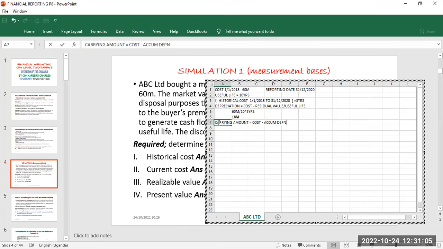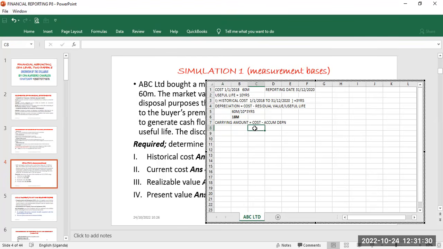Remember, depreciation is for 1 year, which is 60 divided by 10, giving you 6 million. But we want for 3 years. We multiply 3 times 6, we get 18 million.